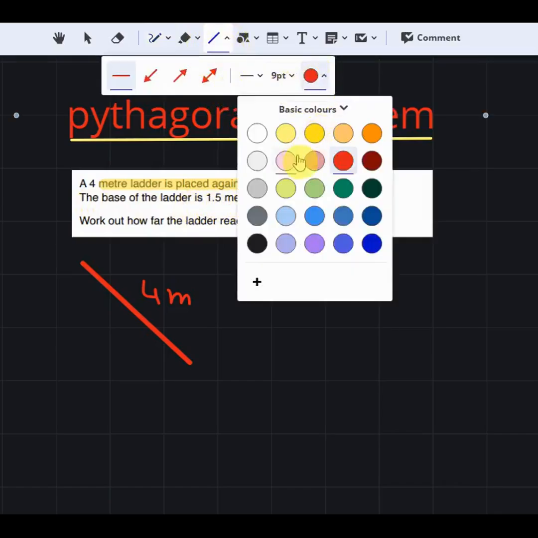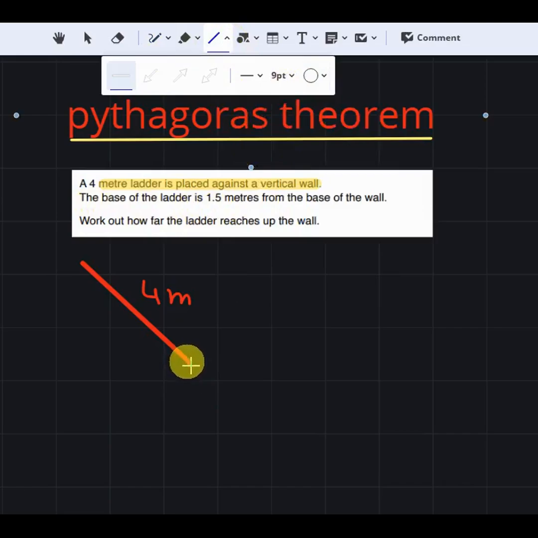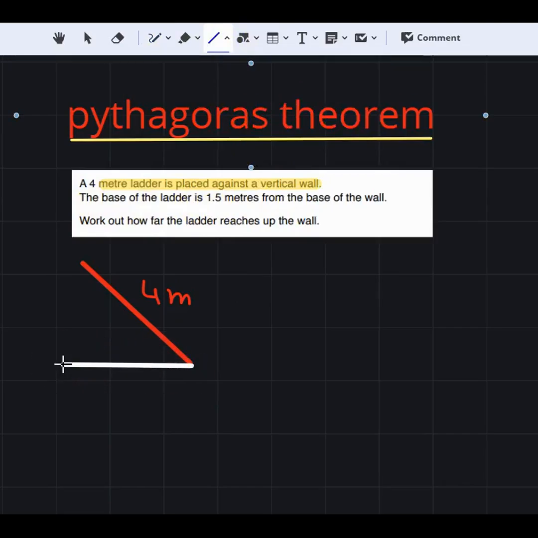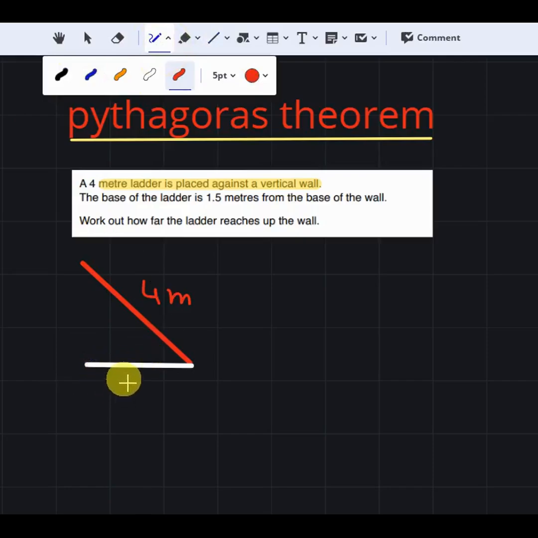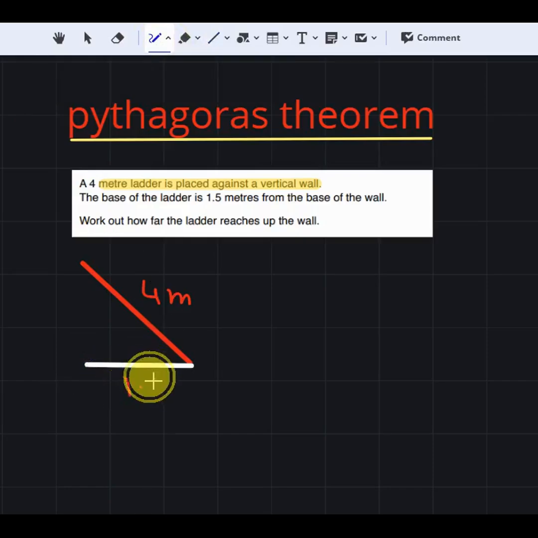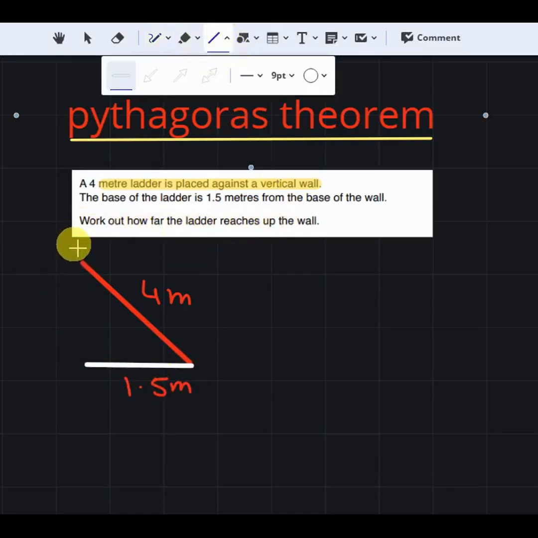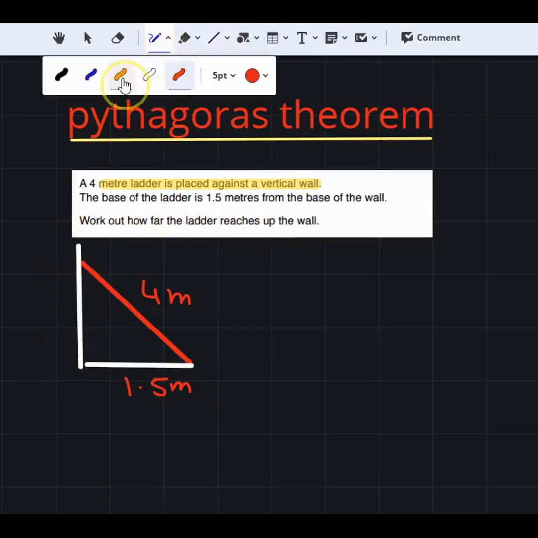So this is the base of the ladder. It is 1.5 meters from the base of the wall. 1.5 meters is here. It says work out how far the ladder reaches up the wall. So this is the wall we have. So we have to find x here.